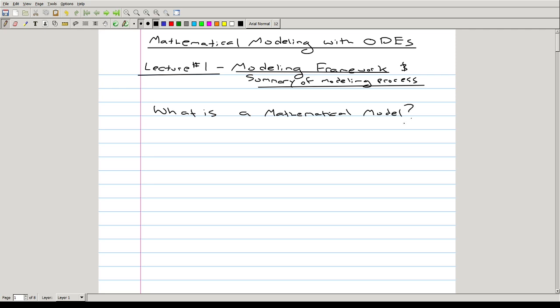And this is going to be the main thing that we'll be studying in this course. So before we get started, we want to have a good idea of exactly what a model is and what it constitutes. And I guess I should start off by saying that this is a loaded question with many possible definitions.